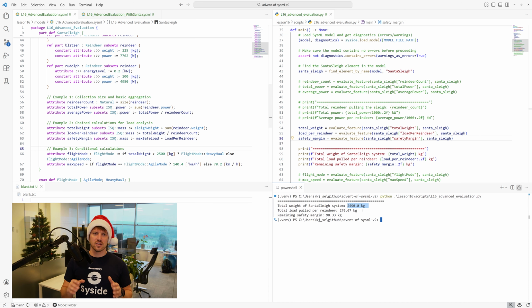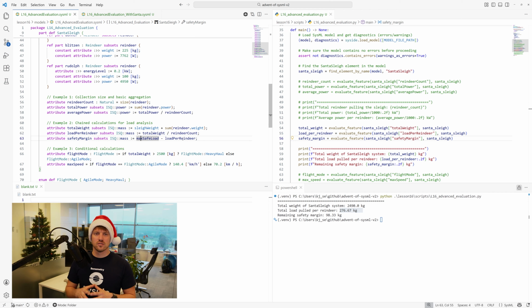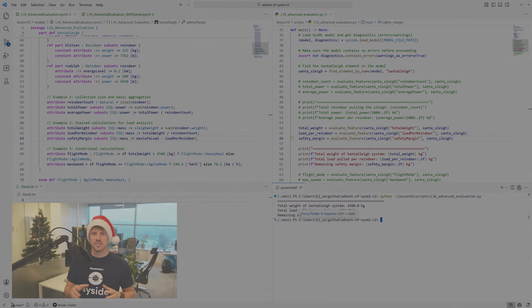At level 3, safety margin depends on load per reindeer and the max safe load value, which is 375 kilograms, defined at the package level. The safety margin calculation result is 98.33 kilograms, showing how much additional load each reindeer could handle before reaching their safety limit.